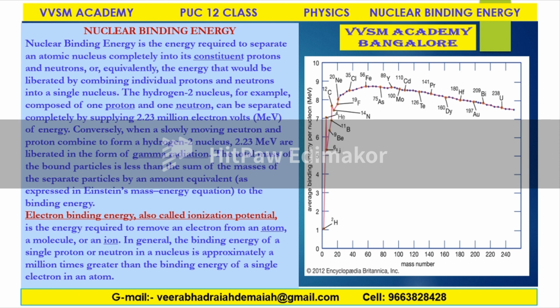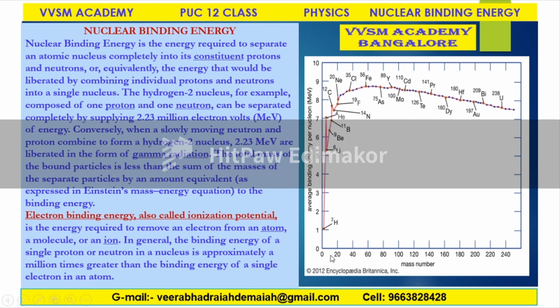Electron binding energy is also called ionization potential, because it is the energy required to remove an electron from an atom, a molecule, or an ion. In general, the binding energy of a single proton or neutron in a nucleus is approximately 1,000,000 times greater than the binding energy of a single electron in an atom.